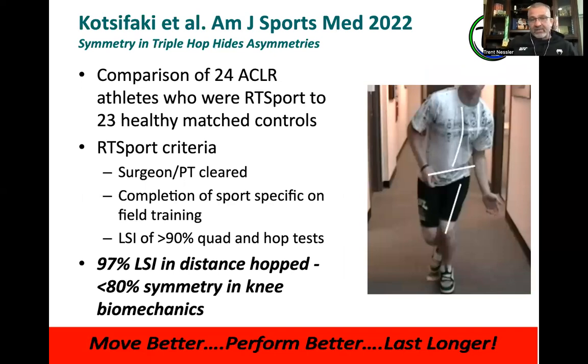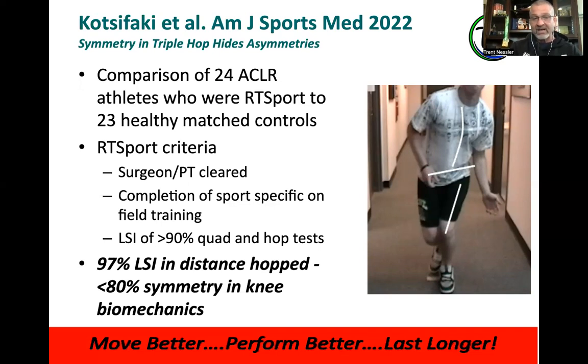So this was a particular study from 2022 looking at triple hop, which is a very common movement that we do for return to play. And this was used for return to sport criteria. In this particular study, the surgeon and the PT cleared the individual. They completed sport-specific tests.